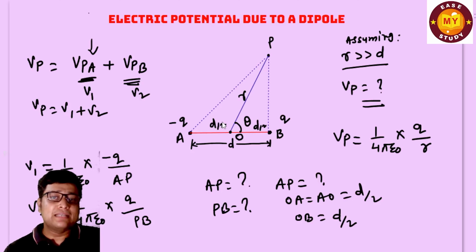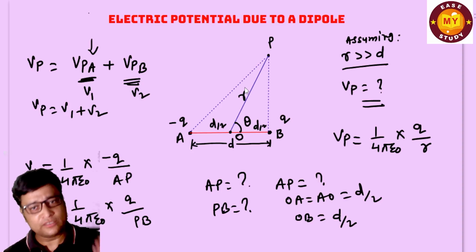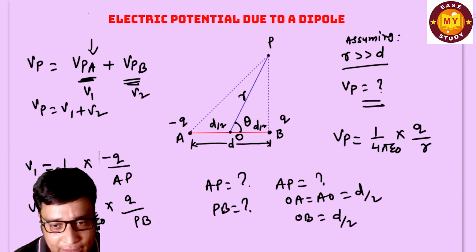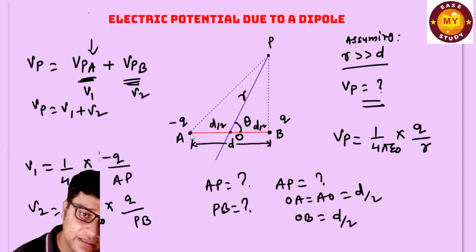So here two distances are given and the angle is given. You can also find this distance, which will be 180 minus theta, by using any triangle properties. Or another way is that I will increase this length from here, some more distance, and take a perpendicular from this.